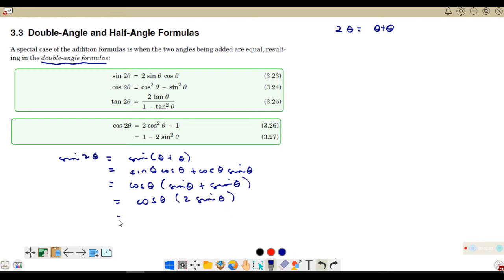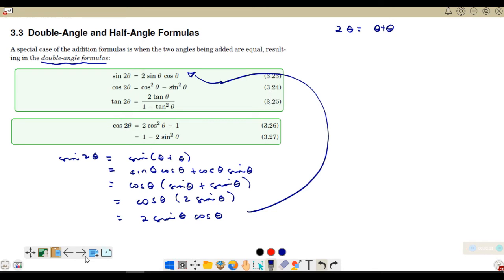Now, let's arrange our equation. It is 2 sine theta cosine theta, which is equation 3.23. Okay?